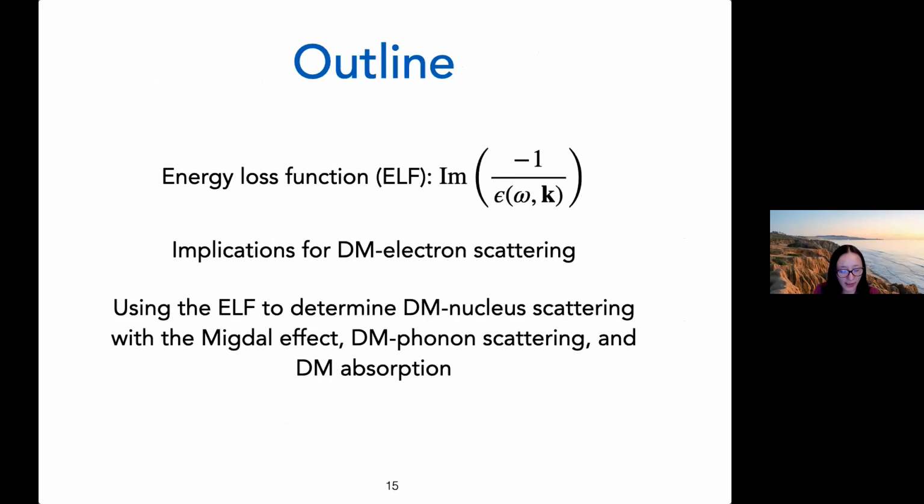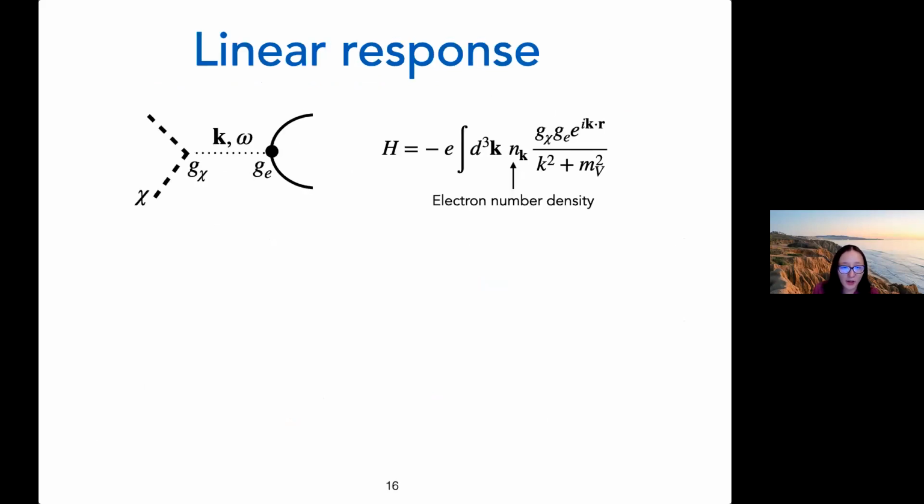Okay, if there's anything else, feel free to interrupt. So in this next part of the talk, I want to describe what I mean by thinking of dark matter direct detection in terms of dielectric response. The approach I'm going to take is to think of dark matter as coming in and creating some perturbation, basically some potential that the electrons see.